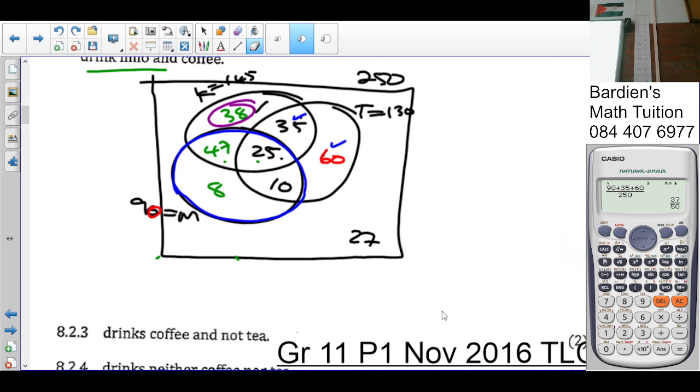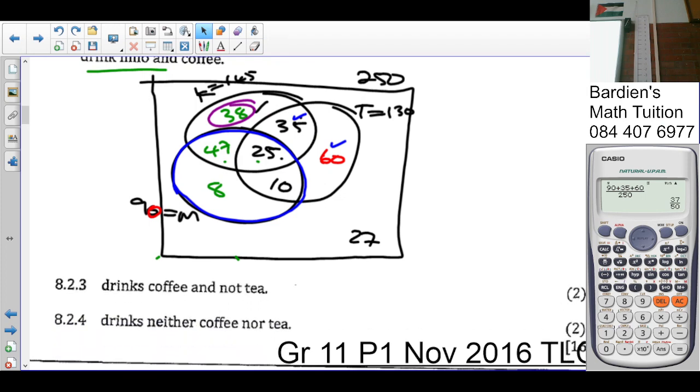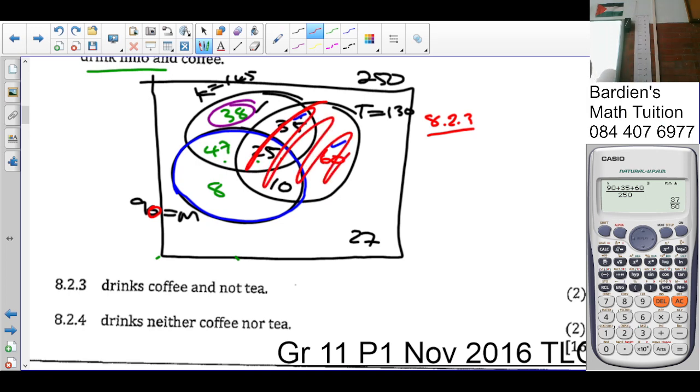So now we are told that drinks coffee and not tea. The probability, so 8.2.3 drinks coffee but not tea. So what we do is we sketch out the tea. So drinks coffee is that one and that one. You guys understand?